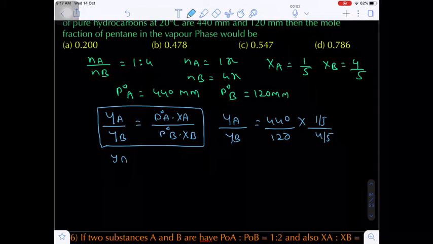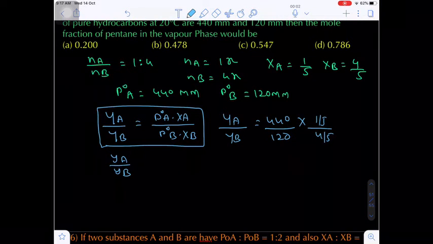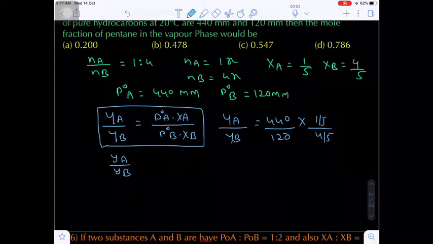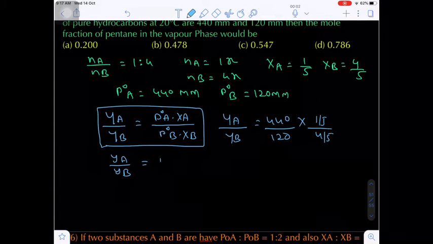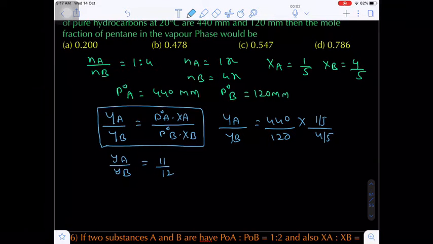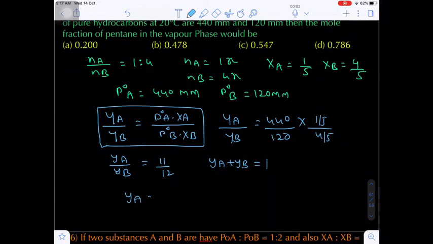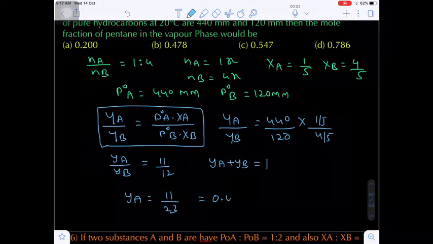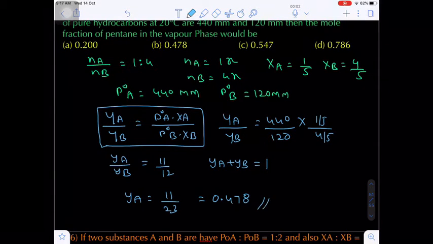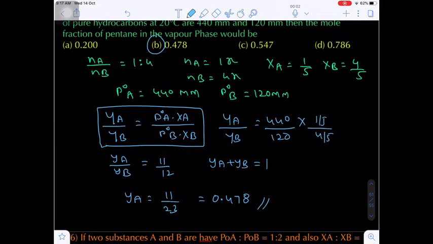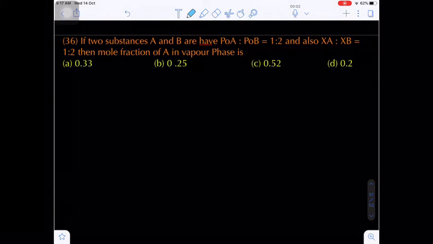So here Ya upon Yb is equal to 11 upon 12. Okay, and one more relation we know, that is Ya plus Yb equal to 1. So two unknowns, two linear equations, we can simplify. After simplification, the mole fraction of component A in the vapor phase will be 11 upon 23, which is nothing but 0.478. That is the second option, option B.